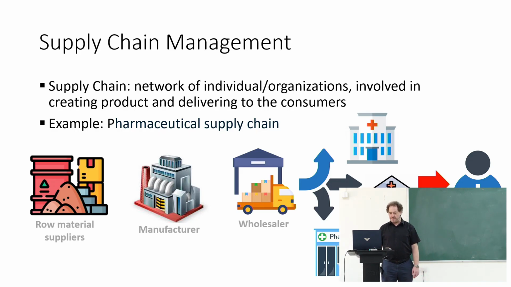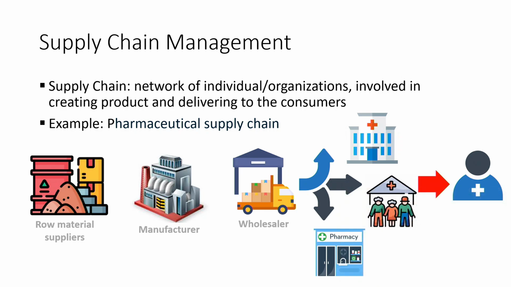In this simple example, there is a supplier of raw material, there is a manufacturer, and there is a wholesaler who would be delivering goods and products to, say, pharmacies, hospitals, and eventually they would be used by the end user, the customer or consumer. In realistic supply chains, there are many more participants in the chain.